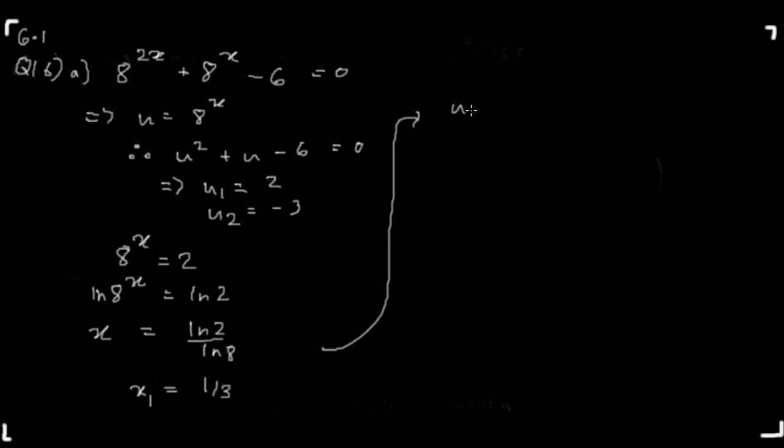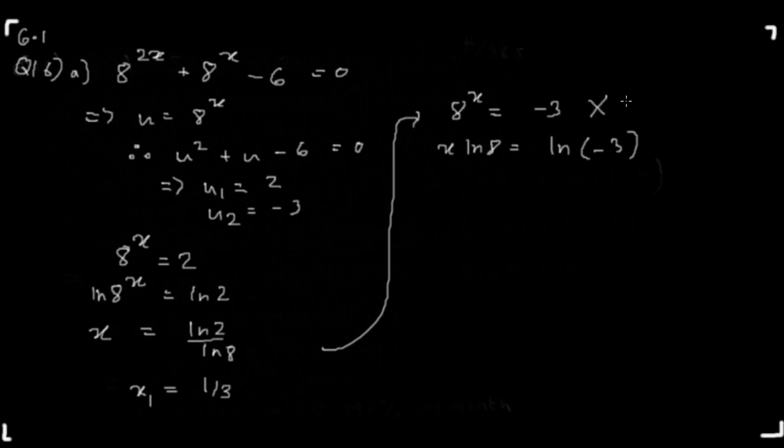Now let's look at u2. 8^x is equal to minus 3. Same thing, we're going to do x ln 8 is equal to ln of minus 3. This isn't possible. We can't have this, so this case is invalid.